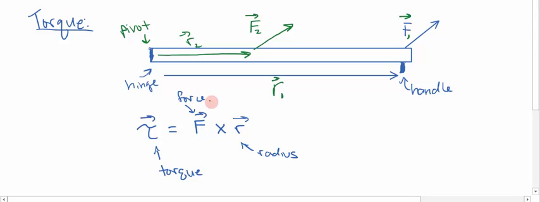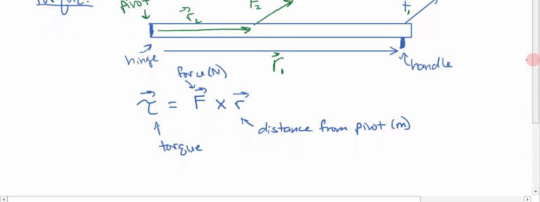This will be in newtons, and actually I'm going to change this up on you guys. Rather than calling that the radius, let's call it the distance from the pivot. I like that better. Distance from pivot. And that's going to be in meters.